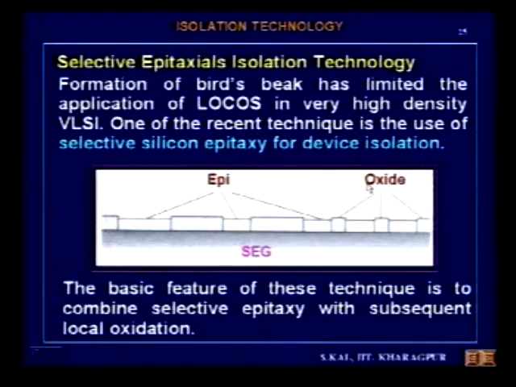Now, starting from ring isolation, guard ring isolation, p-n junction isolation, to the recent ones, that is trench isolation, isoplanar oxide isolation, and selective epitaxy isolation, I have discussed. Those recent ones, trench and selective epitaxy, may be used in very high speed and high density VLSI circuits.